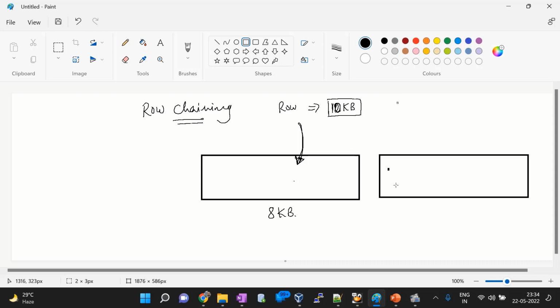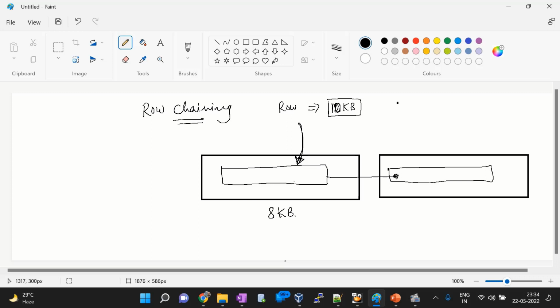If a table's row size exceeds the block size, then we have to do row chaining, meaning keeping half of the information in this block and half of the information of a particular row in another block, keeping the row ID as a referential path, so that this block knows that half of the information is present on a different block, and that block knows the same.